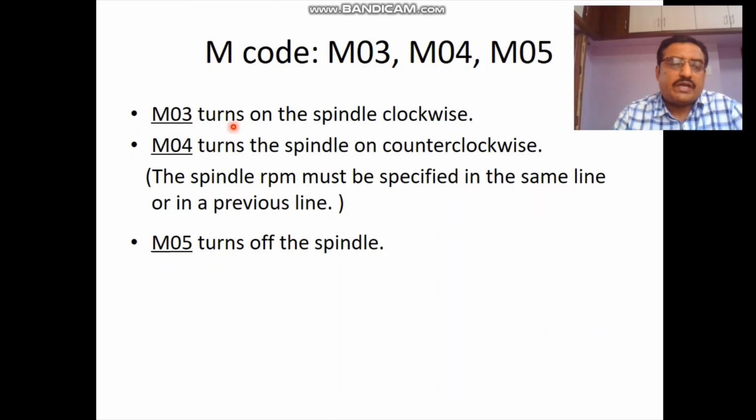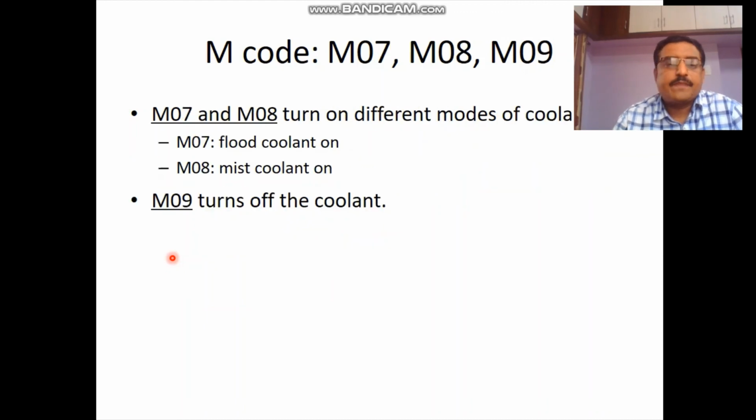Spindle start clockwise, spindle start counterclockwise, and spindle stop. Here coolant on is M07 and M08. Flood coolant means a number of jets starting simultaneously. Mist coolant means only one jet runs, M08. To stop the coolant, M09.